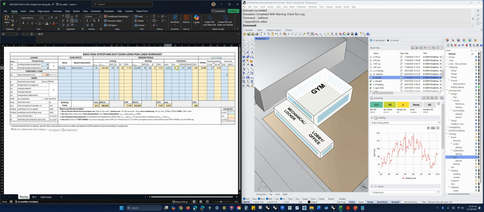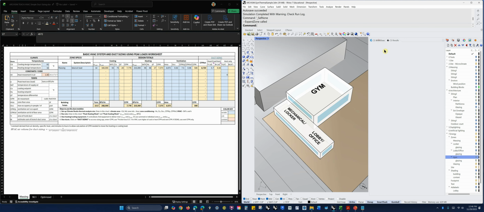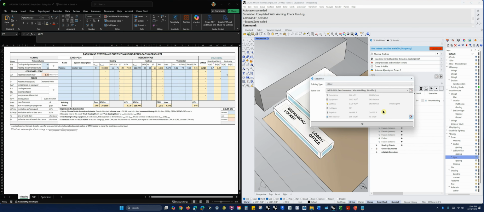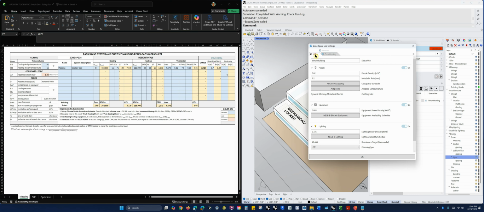I also need to know how many people I have in the space, right? So where do I get that from? If I come back to my space use loads, I have a people load here. In Climate Studio, it's people density, people per square foot.